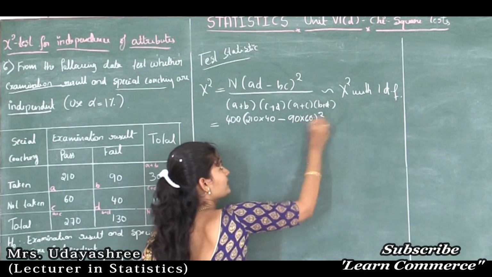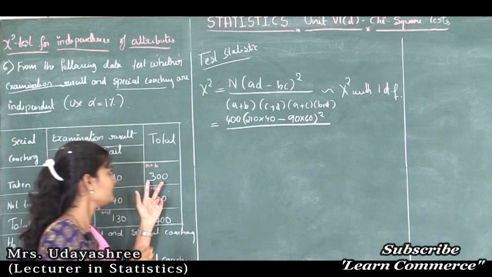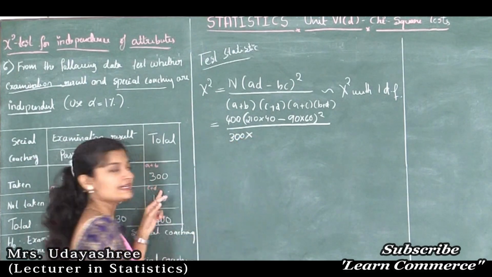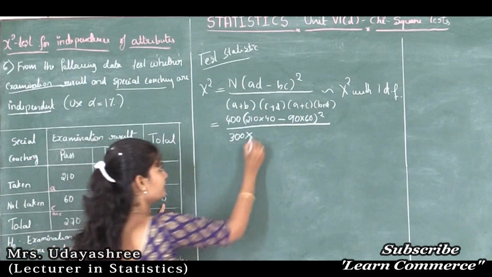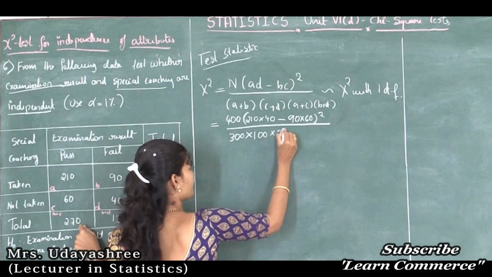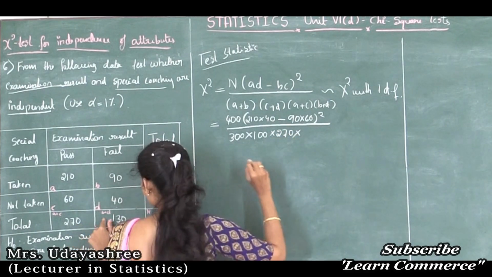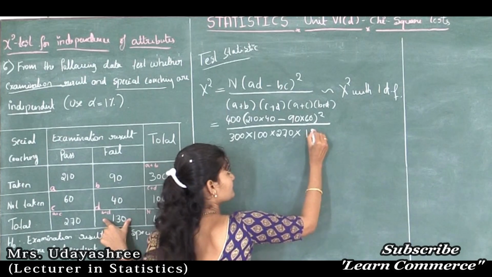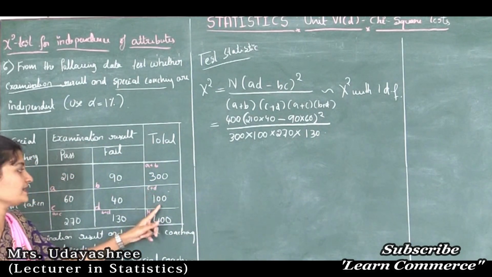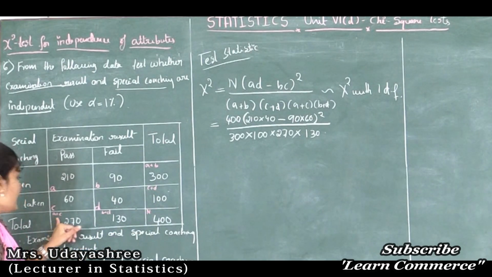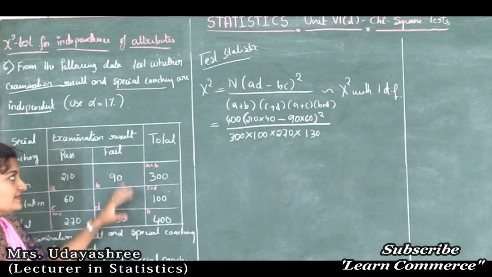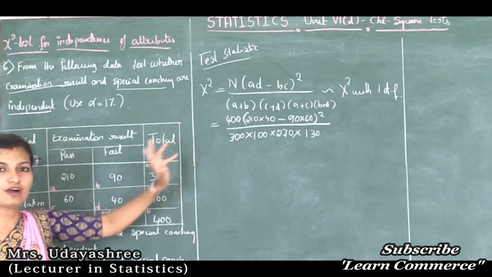Then whole square divided by, A plus B is 300, into C plus D, that is 100, into A plus C, that is 270, into B plus D, that is 130. So A plus B is 300, C plus D is 100, A plus C is 270 and B plus D is 130. These are the given information I substituted into the formula.